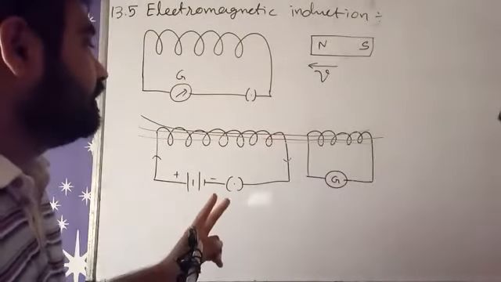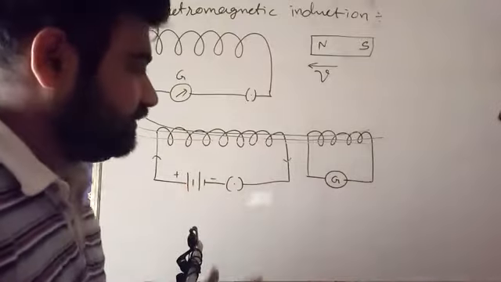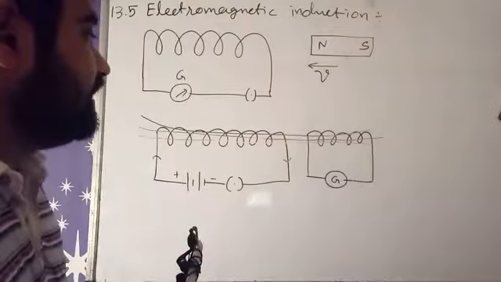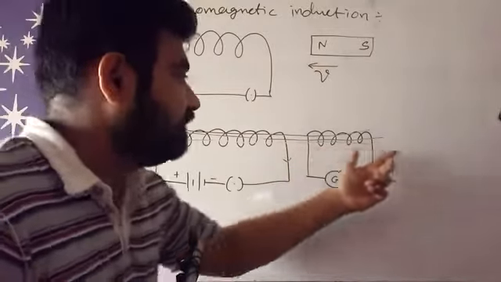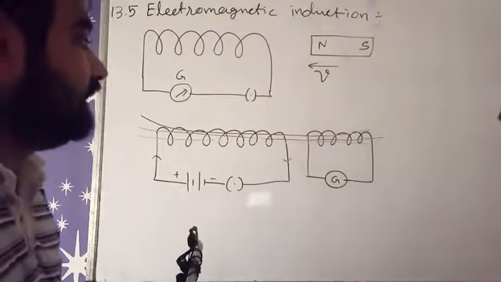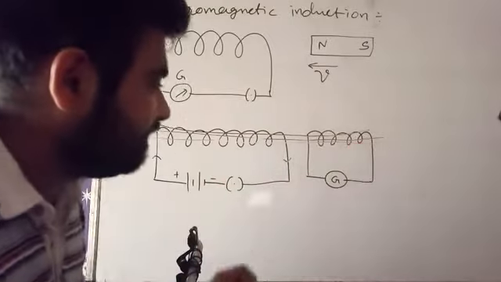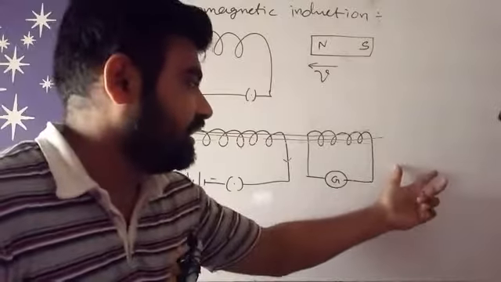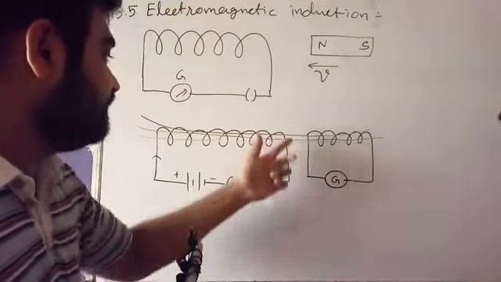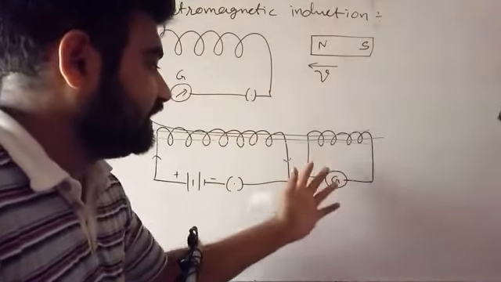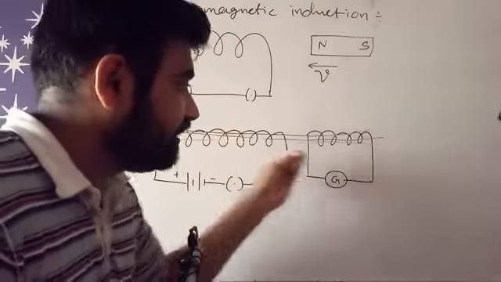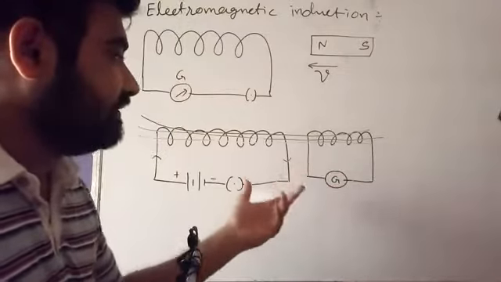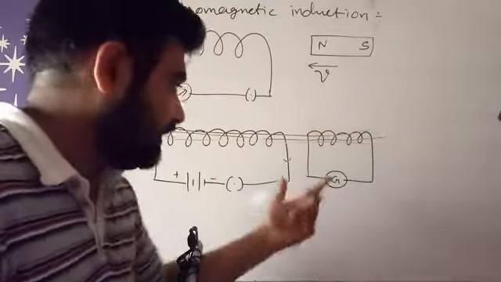The second way: if the current is constant, there is no deflection. But if I move this coil farther and nearer, then because of the change in magnetic flux, again the galvanometer is deflected. If the coil gets nearer to this coil, the galvanometer deflects to the right hand side. But if it moves away from this coil, the galvanometer deflects in the opposite direction to the earlier deflection.